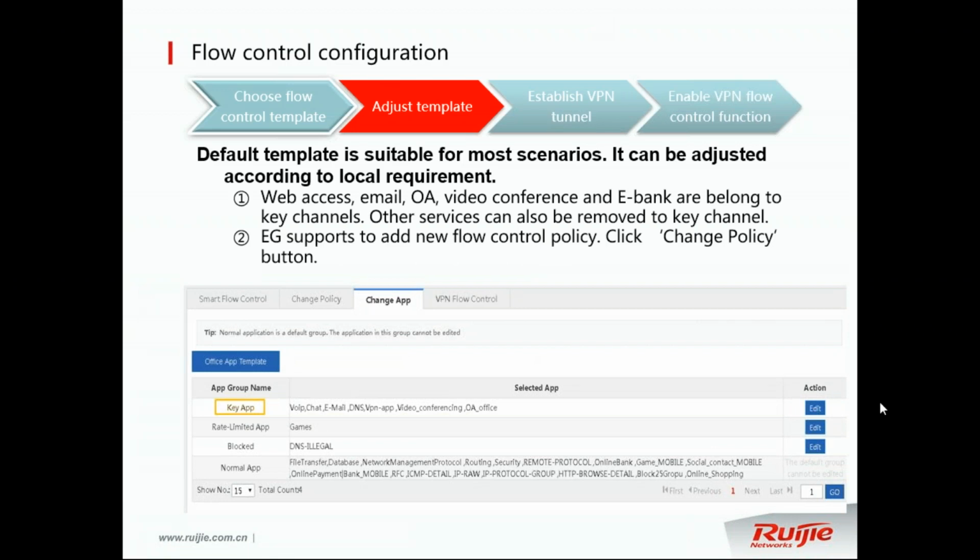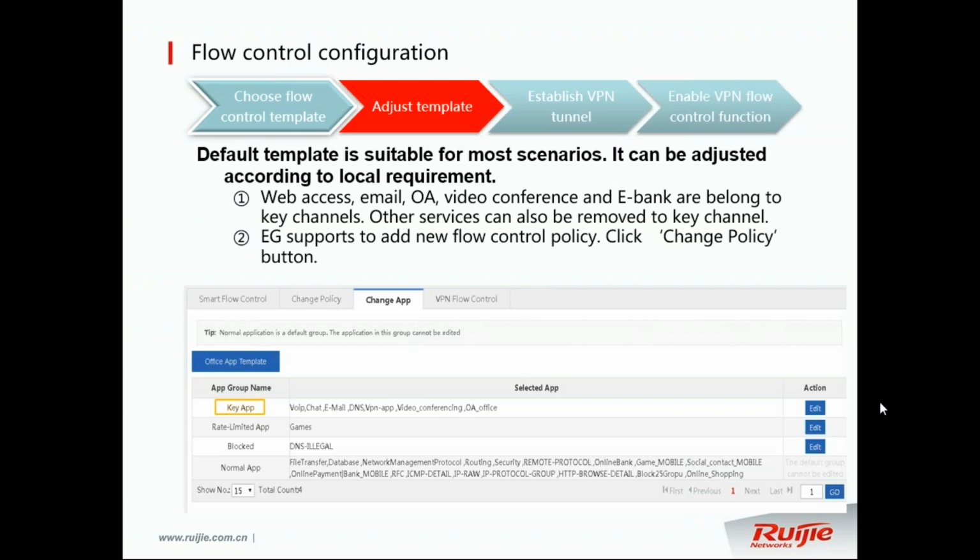Aston, do you understand? I can't hear. Oh, how about now? Yes. So you mean what is the difference of these three template flow control policies, right? Yes. For office and entertainment, these two are for different applications in the default policy, to define which one is the key application and which one is the normal non-key application.